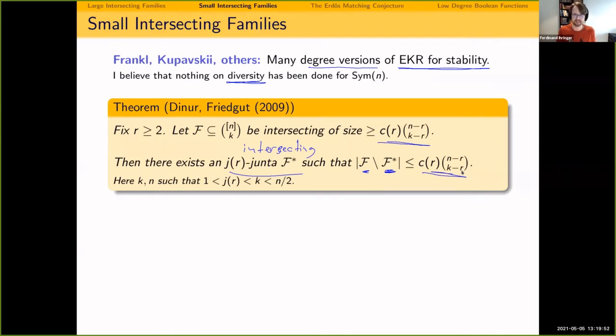Again, the important thing here is that these constants J of r and C of r only depend on your chosen r. They do not depend on your n or k. And so, at least in some sense, you can always describe large intersecting families, and there are many similar results. I don't want to list all of them, but you can do that.